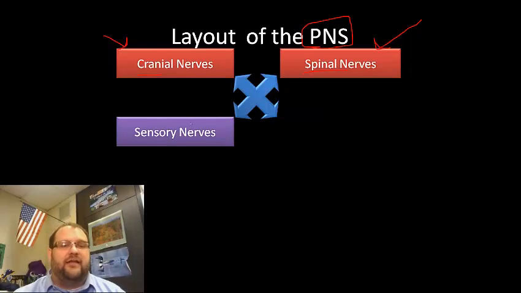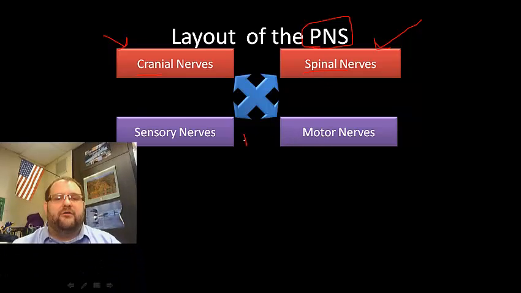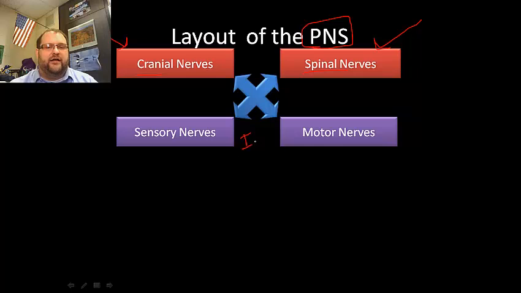You can have sensory cranial nerves, or you can have sensory spinal nerves. The other ones are motor nerves, and you can have motor cranial nerves or motor spinal nerves. There's also another type of nerve that I didn't put on here, and they're called interneurons, and they go in between nerves.